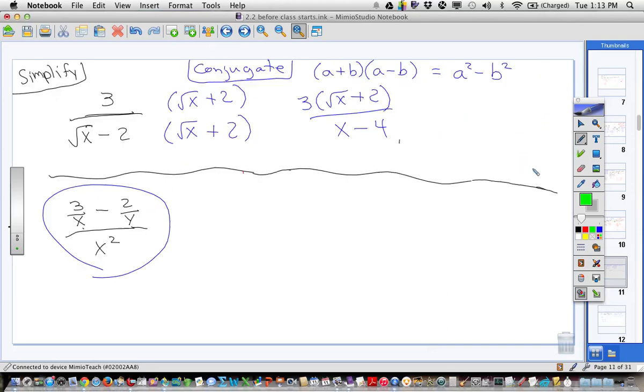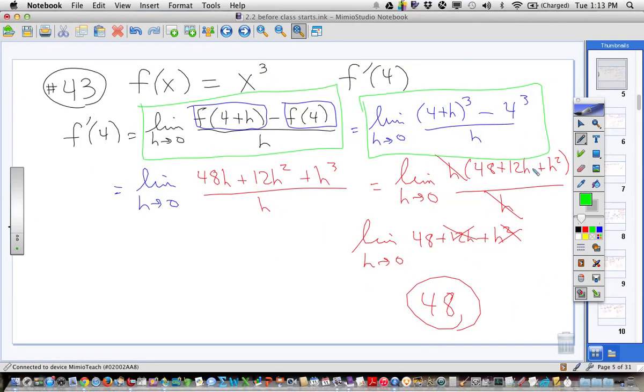What was the function? Well, let's go back to this one. The function here was x cubed. You see where that came into play here? Remember how we've been saying the German shorthand thing, f of 4 plus h? 4 plus h is where we plug that in for x. Boy, we need that break.